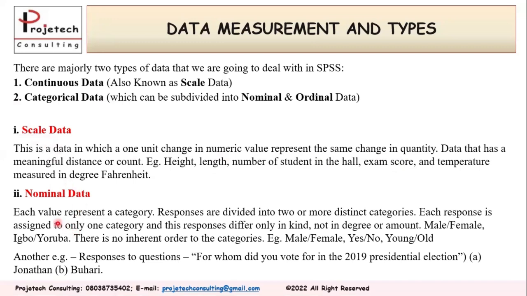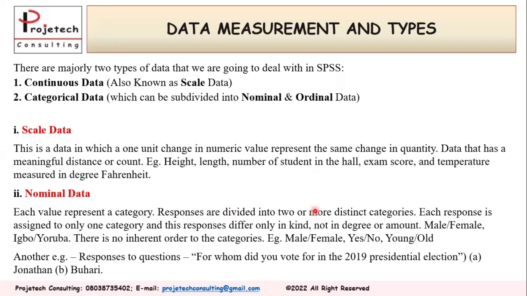Now we have the second one, which is under the categorical data. We have the nominal data. In the nominal data, each value represents a category. Responses are divided into two or more distinct categories.